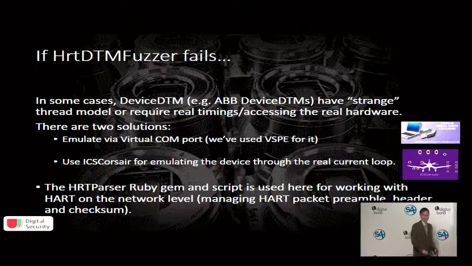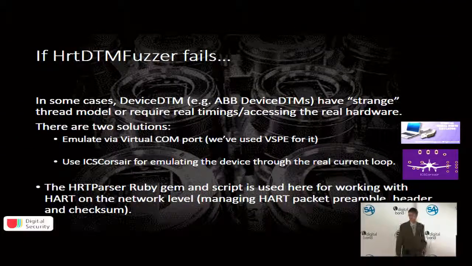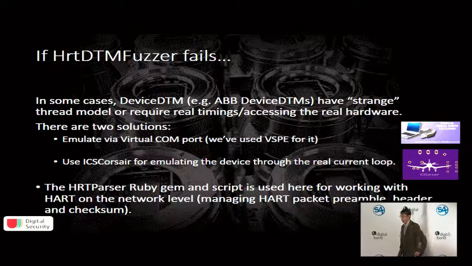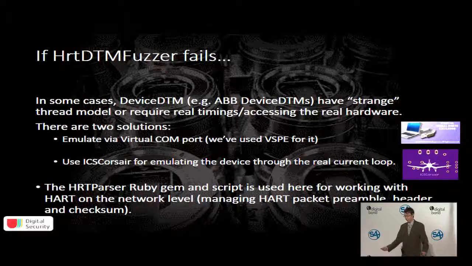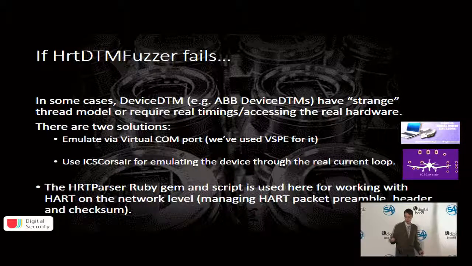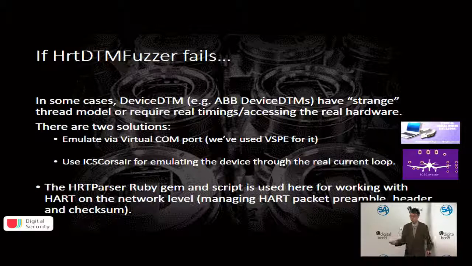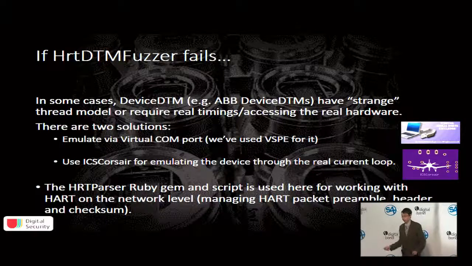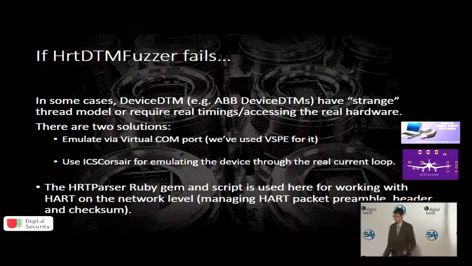But in some rare cases, for example, for ABB device DTMs, there is a strange threat model and strange behavior or a requirement of real timing or accessing the real hardware. And there are two solutions. In the case where we don't need to access the real hardware, we can emulate the real timing using a virtual COM port, a virtual serial port simulator, or if you require the real hardware, we can use the ICS Cursor tool for emulating the device through the real current loop.